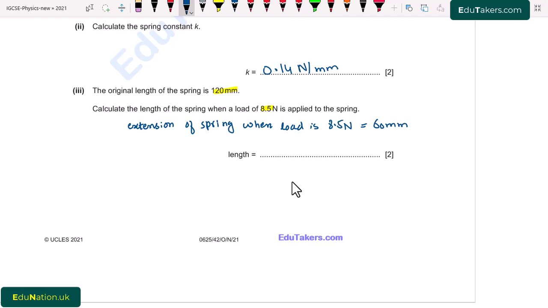So we have to calculate the length of the spring, that is the total length of the spring. So I write here total length of spring will be equal to the original length, that is 120 millimeter, plus when I apply load of 8.5 Newton, it comes to be 60 millimeter. So the total length is equal to 180 millimeter. I write here 180 millimeter, which is the total length.